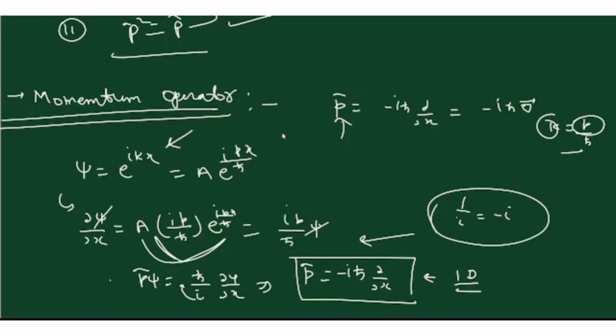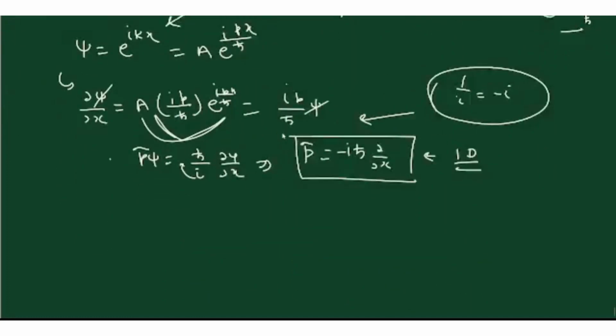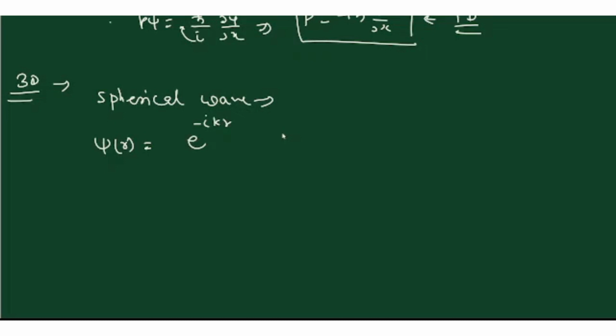Now we will find this operator in 3 dimensions for the spherical wave. In 3 dimensions, how do we find it? We are taking a spherical wave function. So for that we have psi r is equal to a e to the power minus iota p r over h cross, divided by r, because for the spherical wave there is an r also.